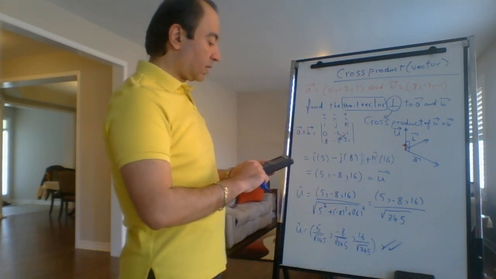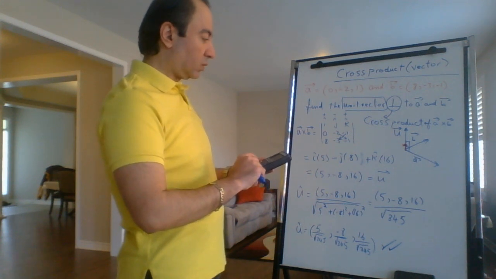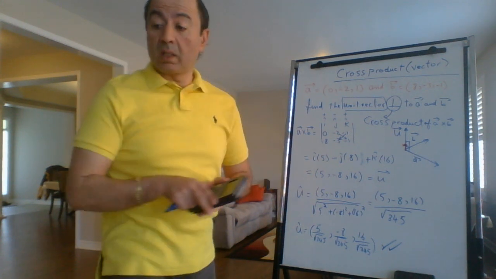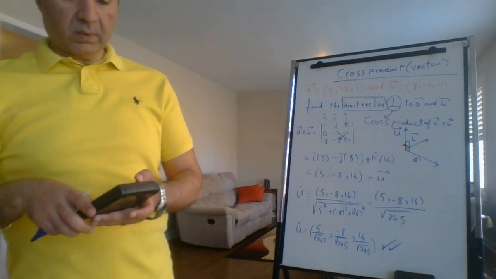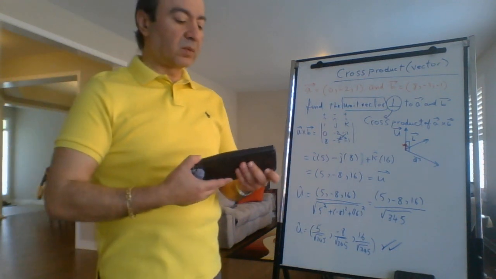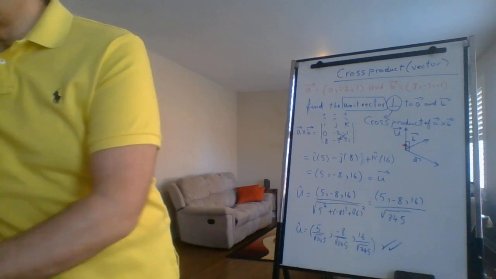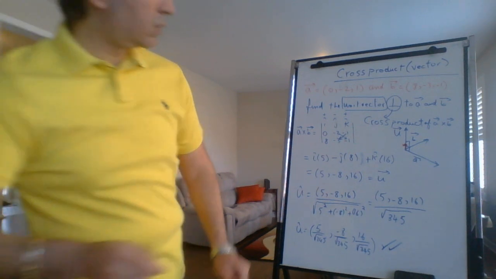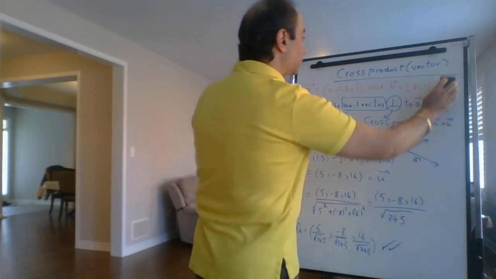Okay, so this is another thing I wanted you to know. There are many applications for the cross and dot product, but this one is very important. That's why I'm going to do it now.